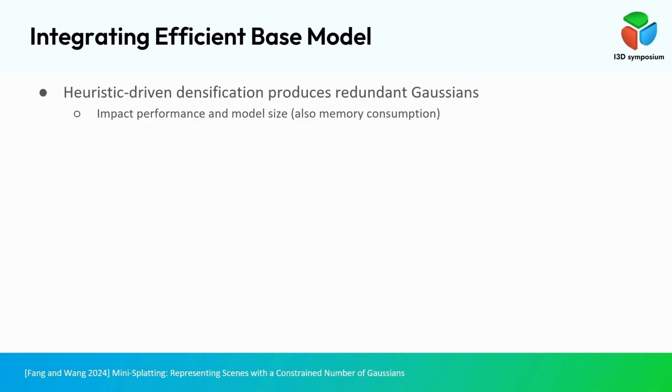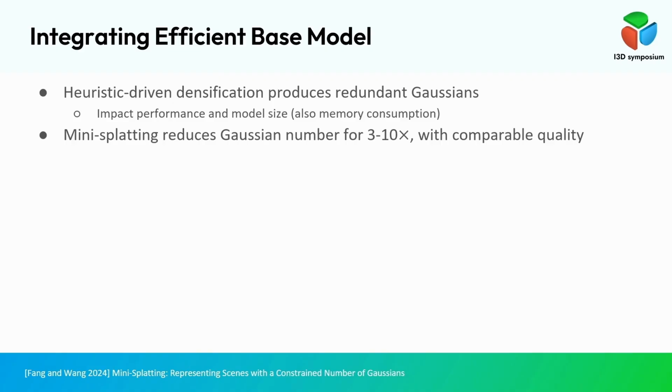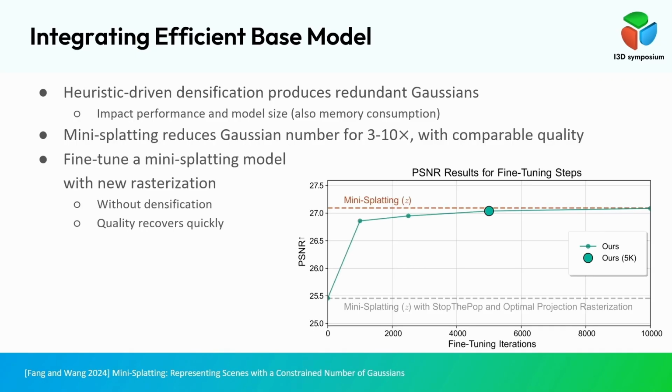3D Gaussian splatting uses a heuristic-driven densification, and it produces redundant Gaussians. A high number of Gaussians impacts both performance and model size, and also the memory consumption. Mini-Splatting reduces the Gaussian number by about 3 to 10 times with quality comparable to 3D Gaussian splatting. So we propose to fine-tune a Mini-Splatting model with our new rasterization without densification to retain the benefits of both Mini-Splatting and our quality upgrades.